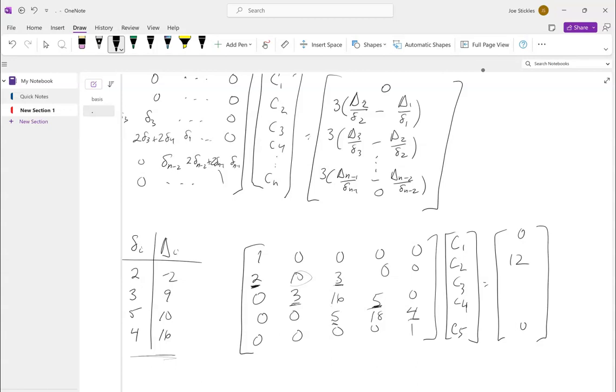Okay. All right. So the next one we would do, so for the first one, we looked at these two, right? For the next one, we go to the next ones in the sequence. 10 over 5 is 2. 9 over 3 is 3. 2 minus 3, negative 1 times 3 gives me negative 3.